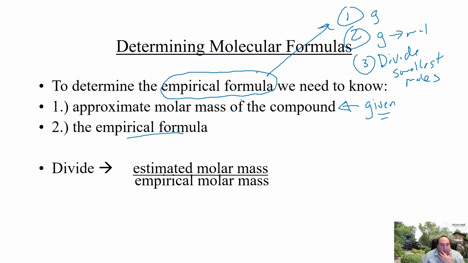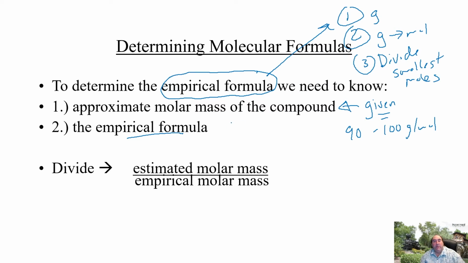So usually somewhere in the problem, it will say something like the approximate molar mass of this compound is 180 grams per mole. It may say the apparent molar mass is 180 grams per mole or something like that. It may actually give you a range. So it may actually tell you, hey, the molar mass is somewhere between like 90 and 100 grams per mole. And that's okay.